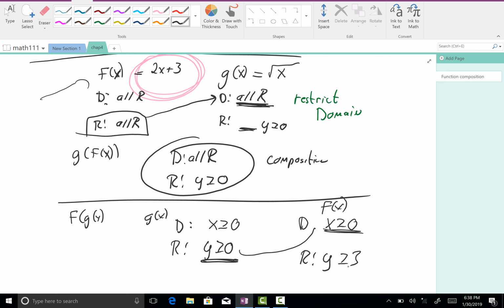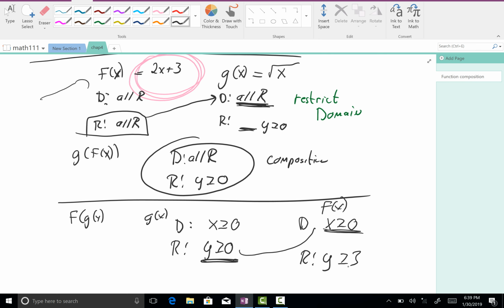So it's a little different. You kind of have to be careful with some of that when you're doing some of these problems, because it says, I'm looking at some now, it says state the domain of each composition. All right? So you kind of have to be careful of it.